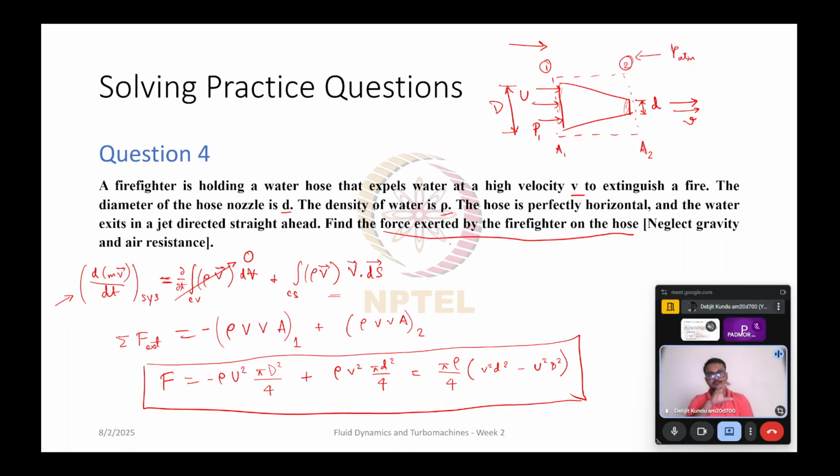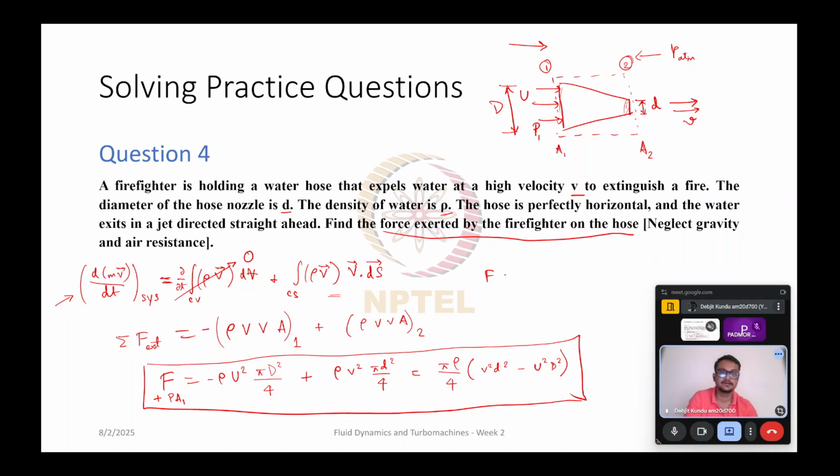So in that case, this has to be considered on the left-hand side along with the external forces, and so this would be plus some P into A1, which we know is pi d squared by 4. And if you need to find F in that case, then you need to subtract it from the right-hand side.